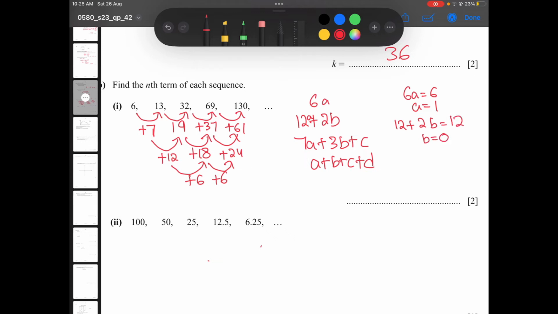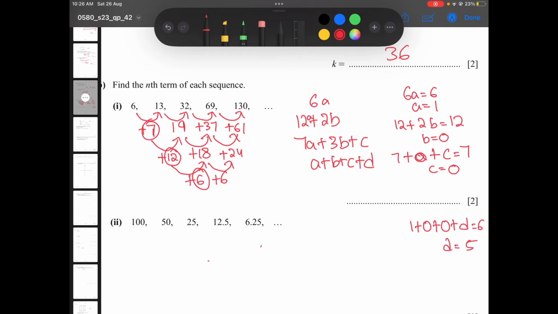I'm taking the first digits, starting from here, then moving on to here. The next one is 7, so 7a is going to be 7, plus 3b, which is 0, plus c equals 7, so hence c is also 0. And then 1 plus 0 plus 0 plus d is going to be 6, hence d is 5.